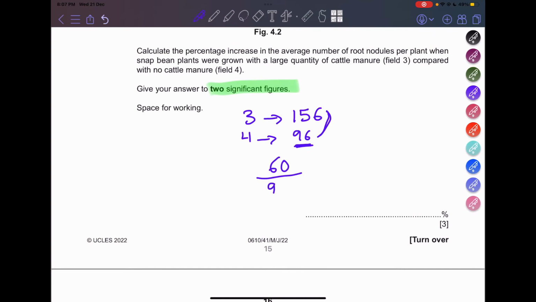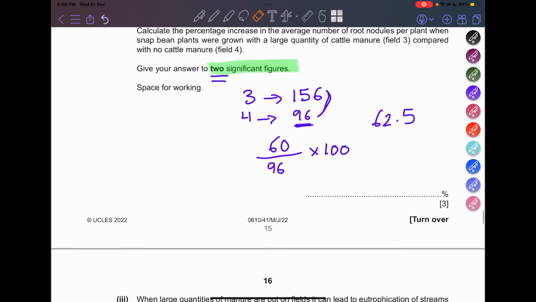So we're going to put 96, and you're going to multiply it by 100 to get the percentage. Calculate this by your calculator, and you're going to get 62.5%. Of course, they told you that they want two significant figures, so you're going to write it down as 63%, and this is your final answer.